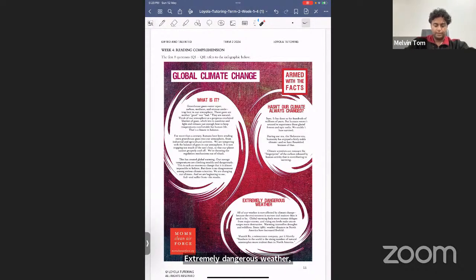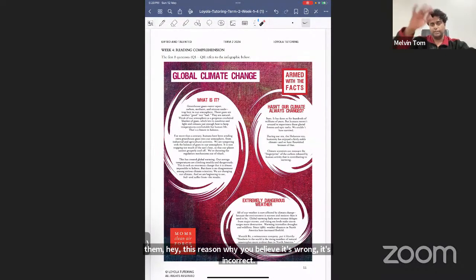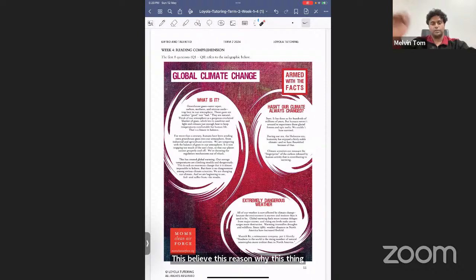The reason it's not persuasion is that they're not going through rebuttals. When you try to persuade someone, you go in with the idea that they don't agree with you, right? They won't believe you. And then you have to tell them, hey, this reason why you believe it is wrong, it's incorrect. But in this, it just tells us what it is.